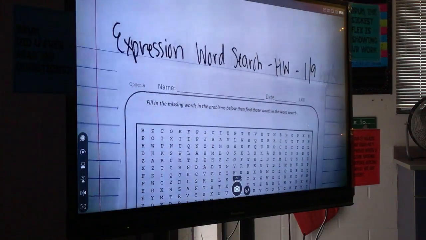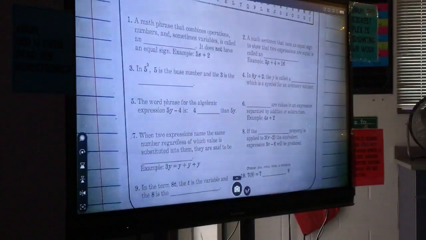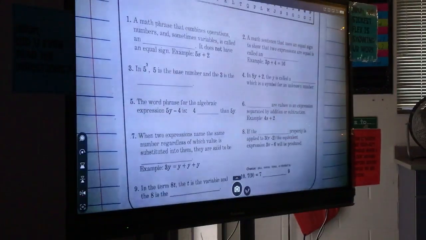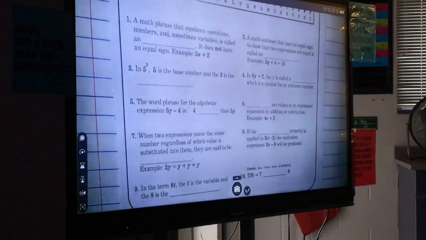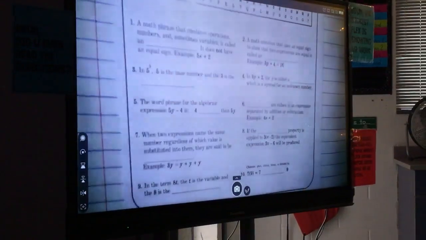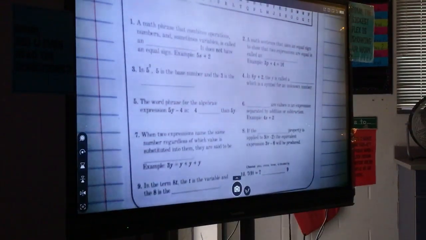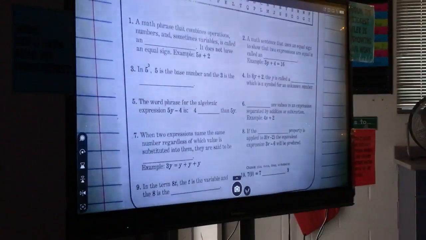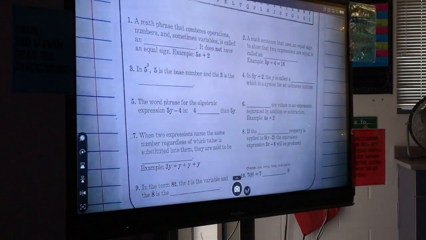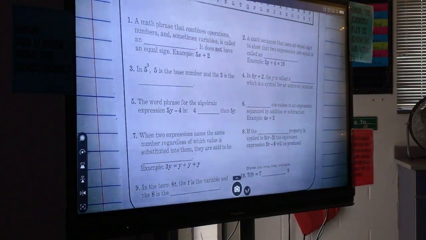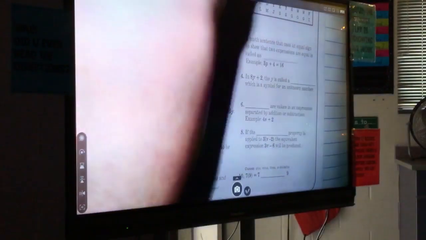Okay, so everyone, obviously you know how to do a word search. You have words and you have to find them in the numbers. Now, the problem comes in, there are no words. You have to use vocabulary, which you have all the vocabulary words except for one, which I'm going to give you, to write in on these lines, and then you find those 10 words in your word search.